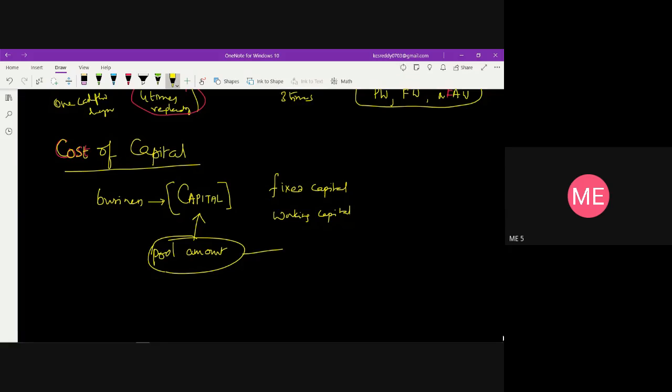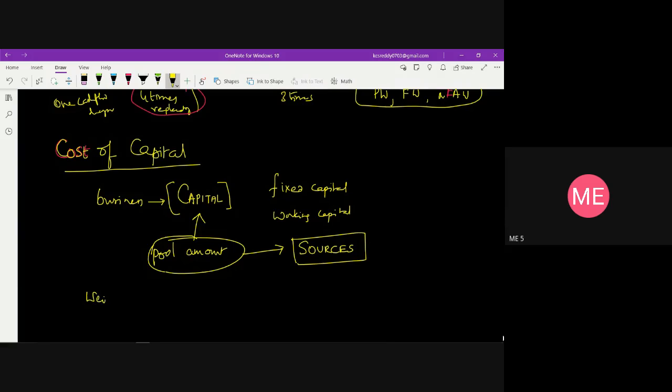So when I want to pool this money, what are the sources of pooling? Means from where I can get this particular money. We have different sources, with different interest. Of course, a rate of interest will be there. The proportion of capital from different sources obtained at a different cost is represented by weighted cost of capital.